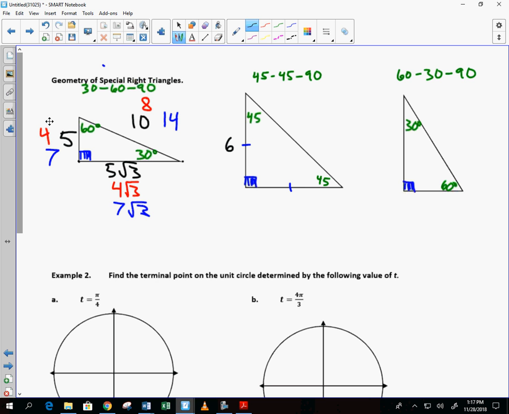What is the length here? 6. Is everybody convinced there? What could I then do to find this length? What could I use? Pythagorean theorem. Instead of using Pythagorean theorem, let's just trust that instead of multiplying by the square root of 3, we multiply by the square root of? Anybody remember? 2.